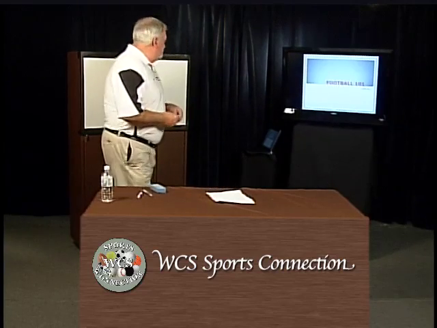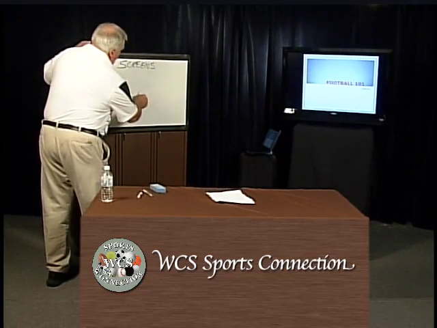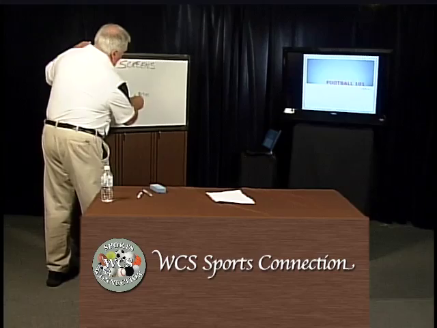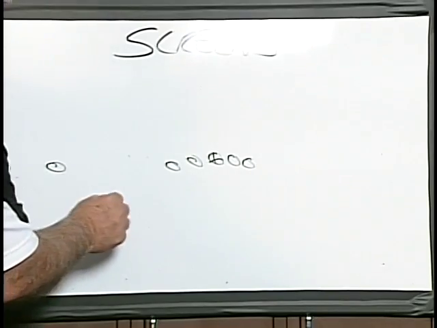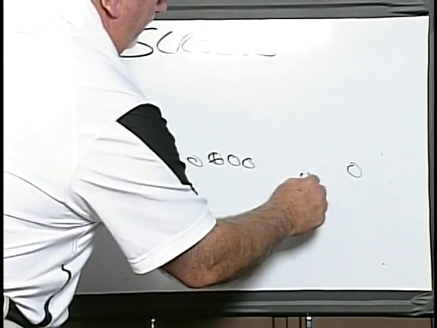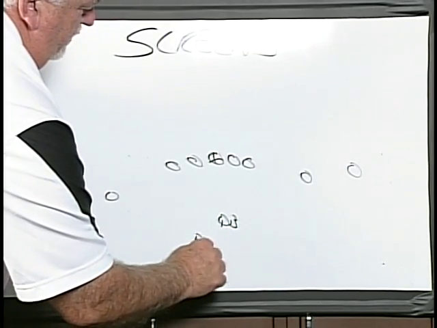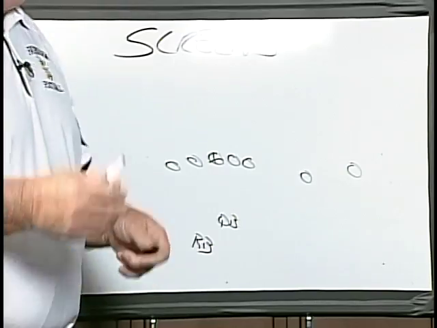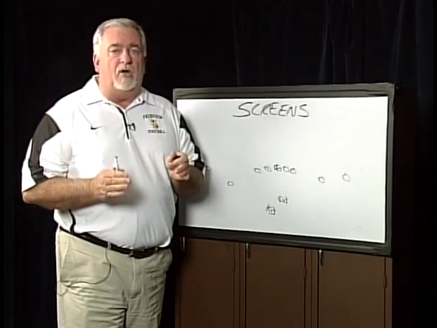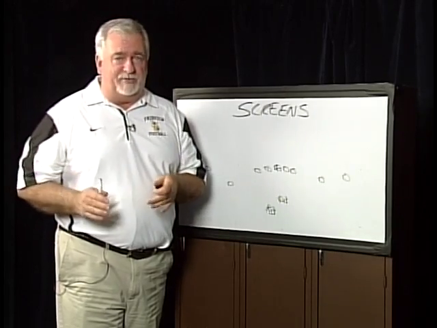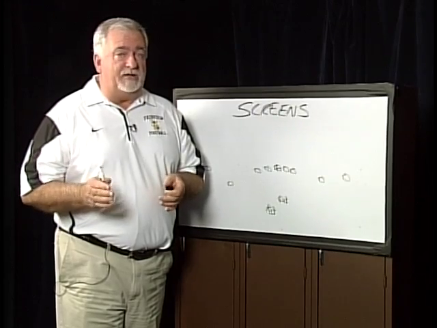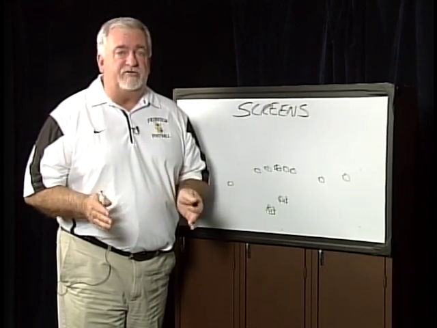So in screens, a screen is when you throw the ball behind the line of scrimmage. Now, when you do that, there's no such thing as pass interference.